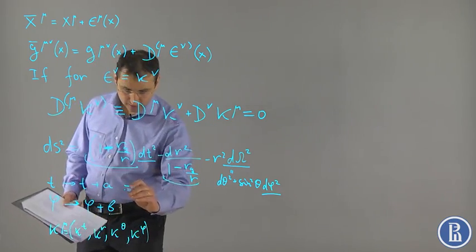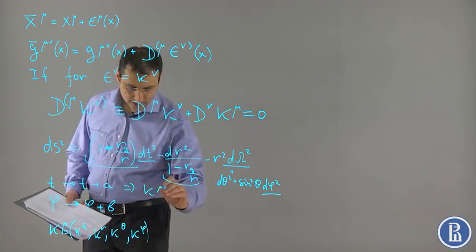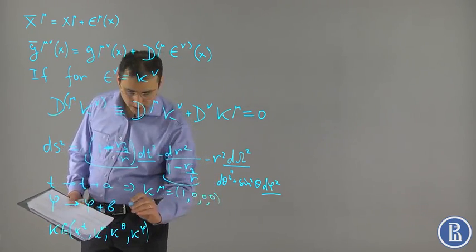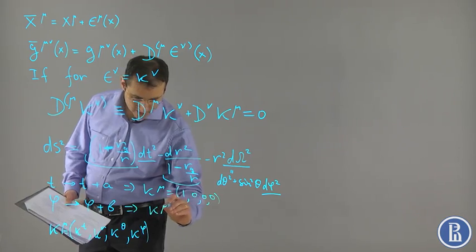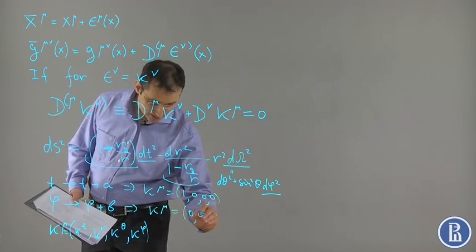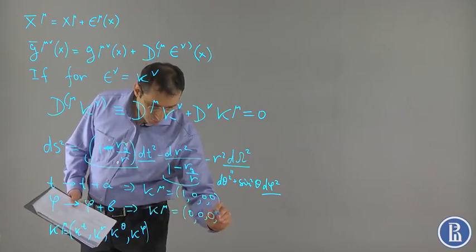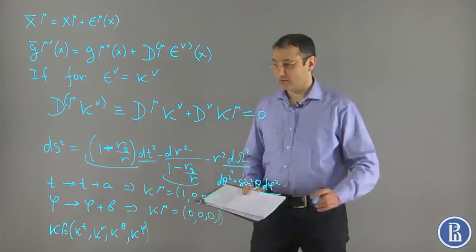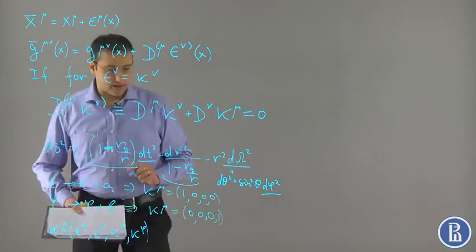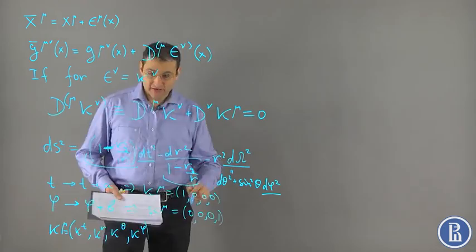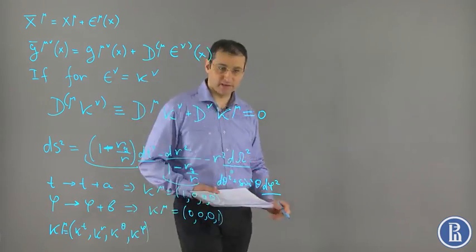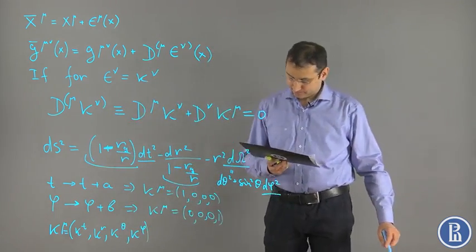This one corresponds to k mu equal to 1, 0, 0, 0, while this one corresponds to k mu equal to 0, 0, 0, 1. So at least we have these Killing vectors in the Schwarzschild spacetime. They are explicit in this form of the metric.